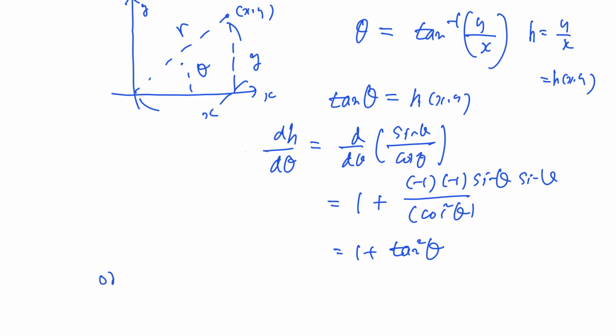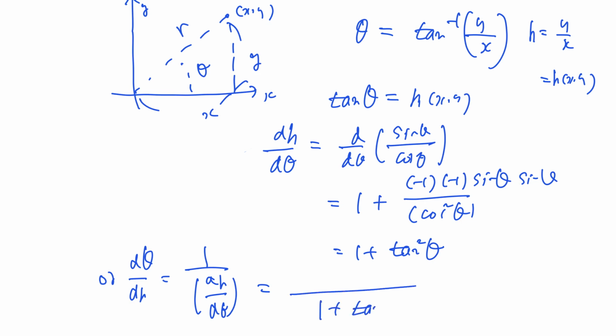Or dh over d theta is 1 over d theta over dh, which is 1 plus tangent square theta over 1, which is 1 plus h square over 1.